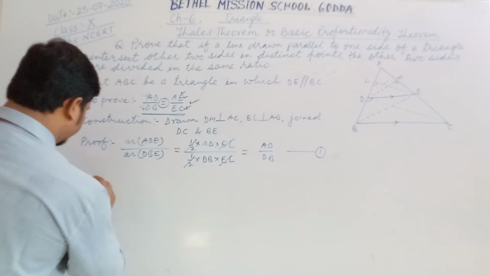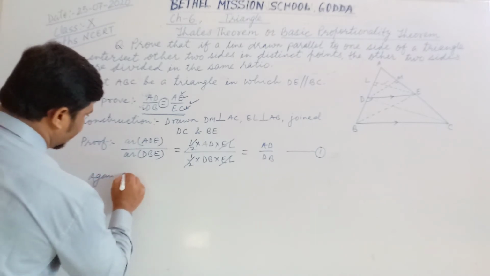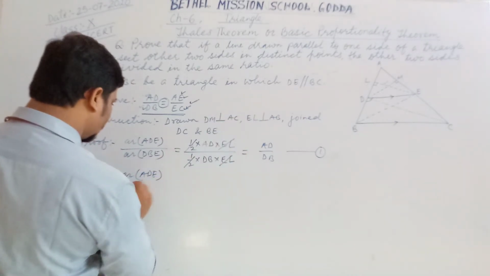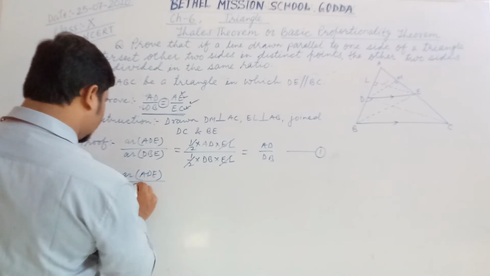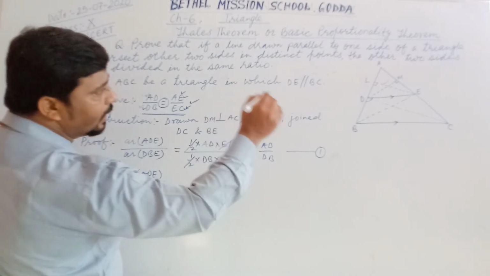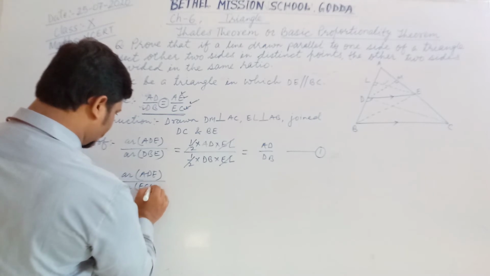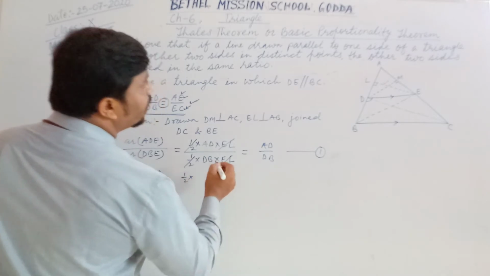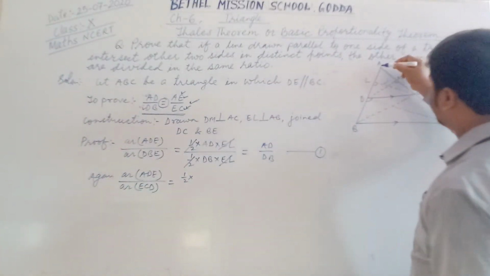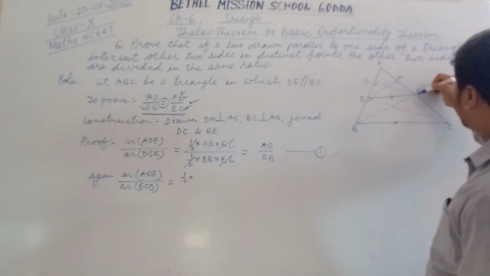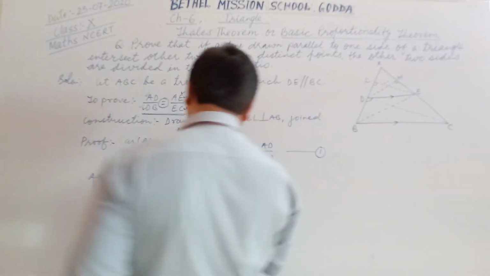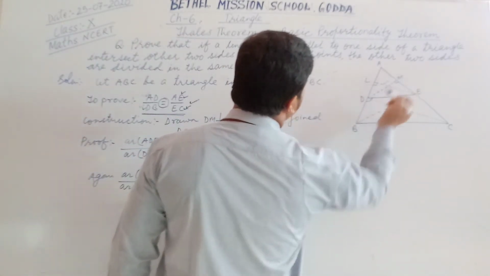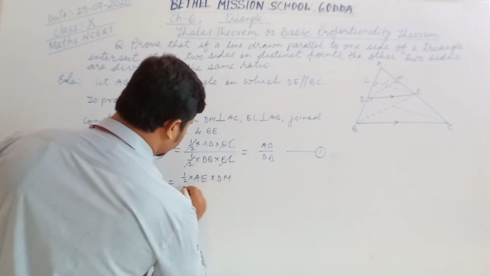So again, area of triangle ADE by area of triangle ECD equals half into base into altitude. The base for ADE is AE and the altitude on AE is DM.